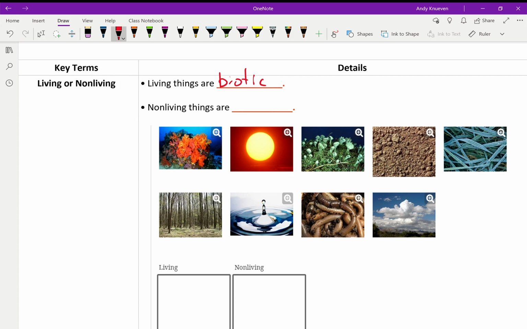And just like in is a prefix for not, like incorrect, the a is a prefix for not. So abiotic means not living. Non-living things were never living. If something was living and now it died, it is still biotic. Even though it's dead, it's still biotic.